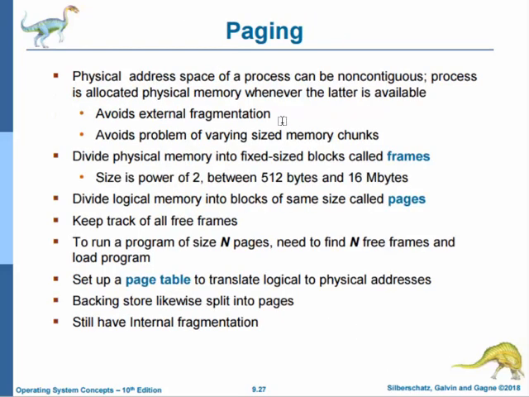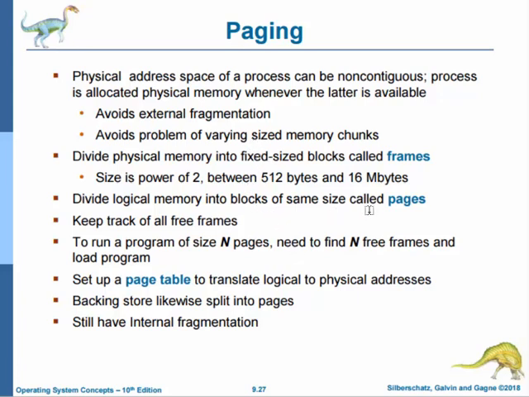Now, the basic method for implementing paging involves breaking physical memory into fixed-size blocks called frames. So that is the meaning of the term frames. If you break the logical memory into blocks of the same size, they are called pages.